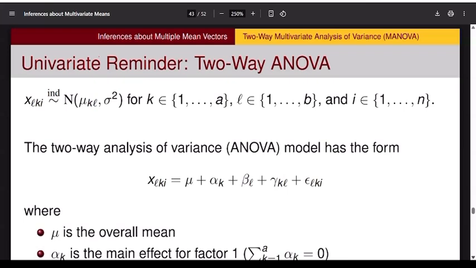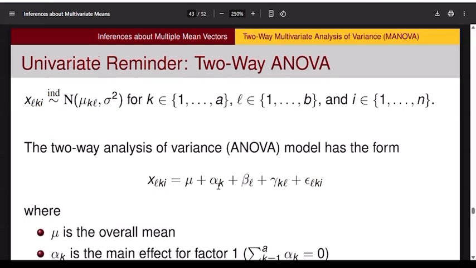Now, I need you to pay attention, okay? The case right now is a univariate, meaning I have one dependent variable, just one, but I'm looking at the effect of two categorical factors. Okay, now this is the model.